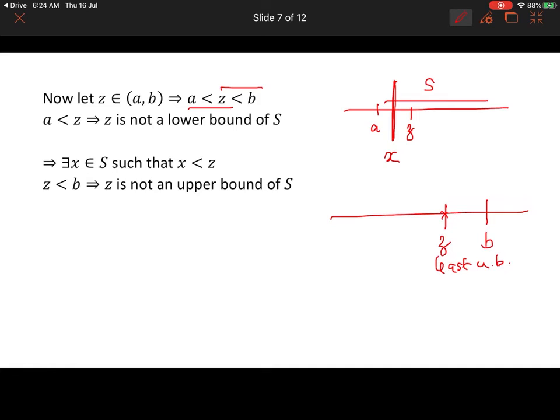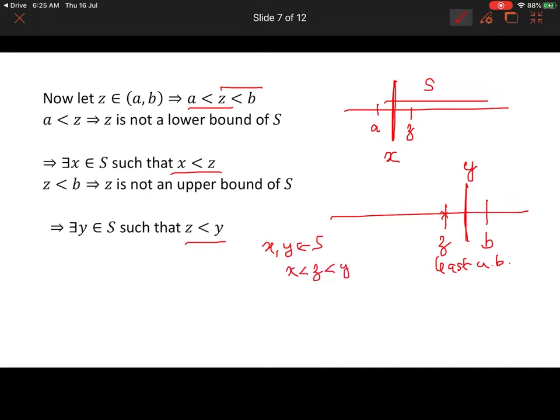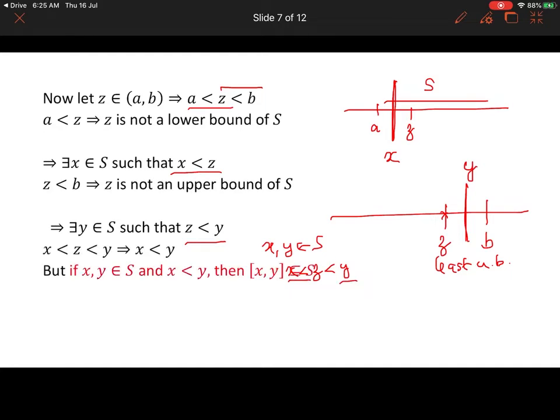So here I have taken Z less than B. So Z is not an upper bound of S, means S contains somebody here, I will call this y, and this y is greater than Z. So there exists y, an element of S, such that Z is less than y. So here I have x less than Z, here I have Z less than y, and both x and y belong to S. X, y both are in S, and x less than Z and Z less than y. So we have x less than y.